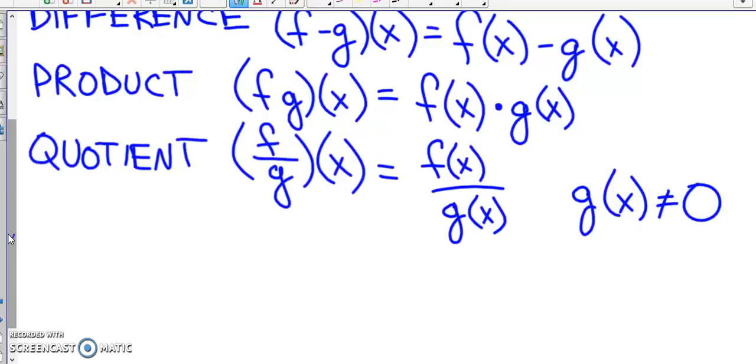Now, all of this should seem pretty intuitive. The only thing that kids tend to struggle with is when you have to find the domain of these things.